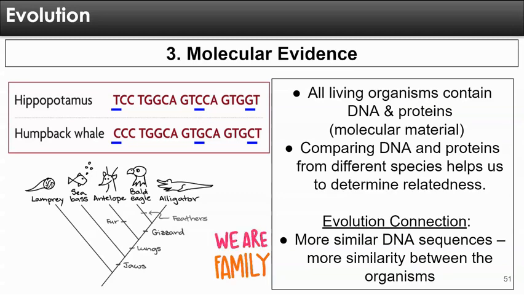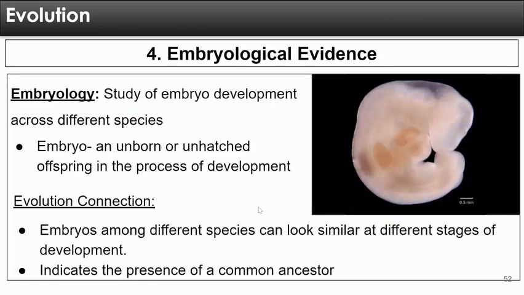The order of them, which codes for who we are, our traits and our genes, if those sequences are very similar from one organism to another, that's evidence that we probably have a common ancestor. On the bottom, it says the more similar the DNA sequences, the more similarity between the organisms.